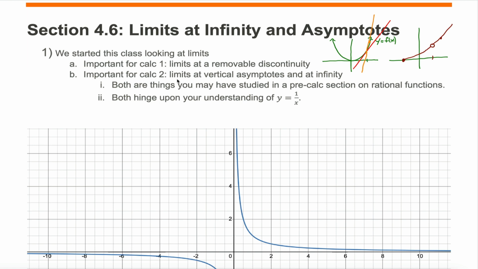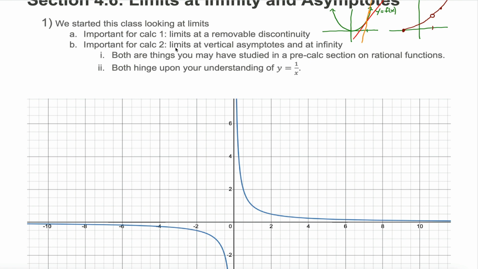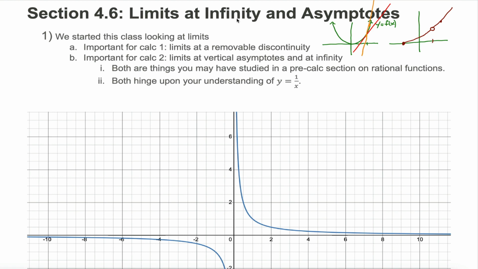In Calculus 2, it'll turn out you're again concerned with limits. However, there'll be a different type of limit. You'll be less concerned about limits at removable discontinuities like we see pictured up here, and instead you'll be concerned with limits at vertical asymptotes and limits at infinity. And those are the two topics that we're going to talk about in 4.6. The good news is both of those things are topics you've essentially learned with different language in a pre-calculus class.